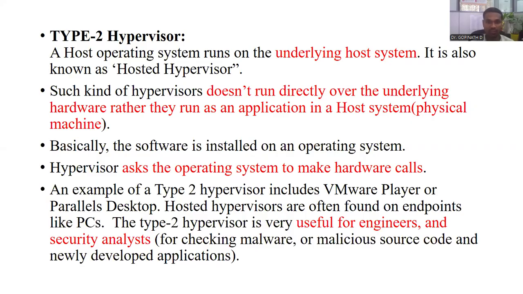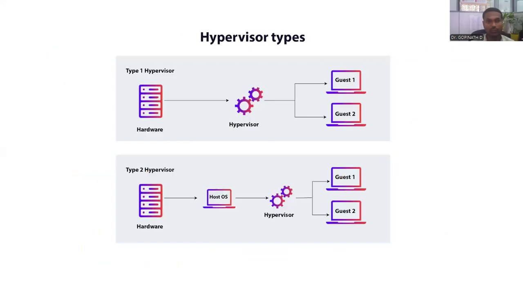The hypervisor asks the operating system to make a hardware call whenever it is required. This picture clearly shows what is meant by type 1 hypervisor as well as type 2 hypervisor. See this type 1 hypervisor. One hardware is there, and a number of guests are there. In between, one person is there, that is the hypervisor. It will directly access the hardware. In type 1, the host operating system will run directly on the hardware itself.